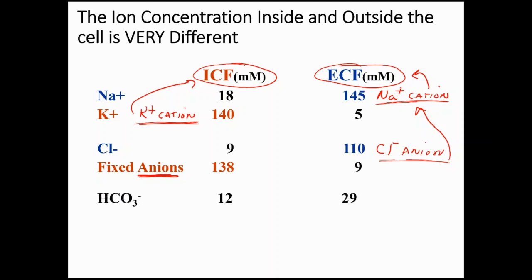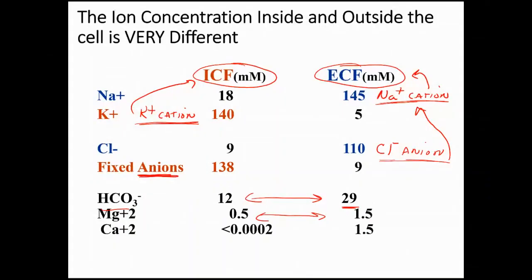All right, we also have a few other ions that have somewhat of a difference. We have a difference in the bicarbonate ion, with more bicarbonate being a little more outside the cell than inside the cell, but there's not a super dramatic difference here. Do you agree? Compared to what we're looking at above, right? Magnesium, there's going to be a little more outside the cell than inside the cell.